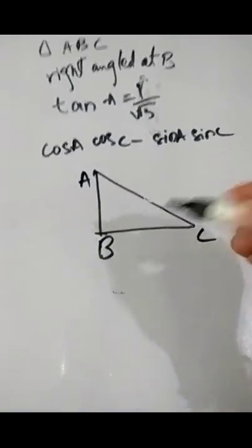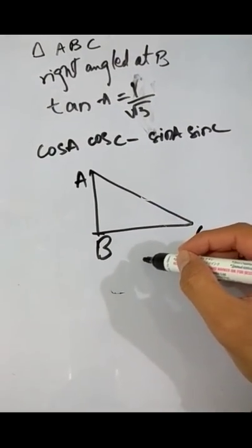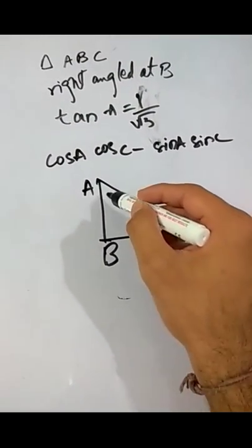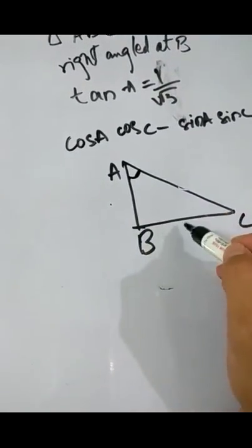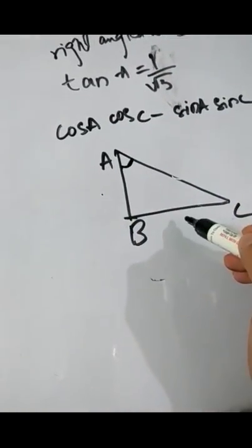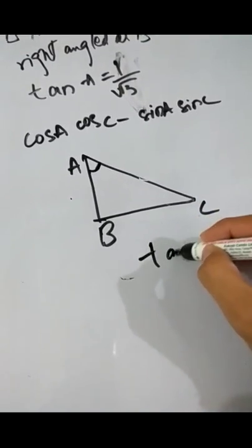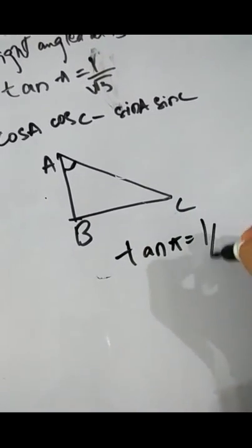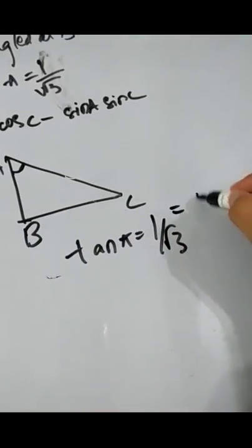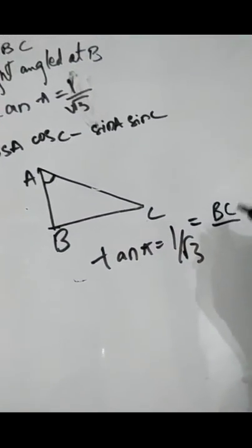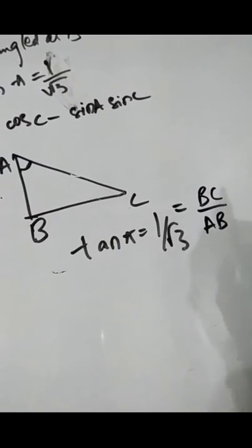Now here, of course, tan A. Here's the angle. For angle A, this is the base, and this is the perpendicular. Tan A equals 1 by root 3 equals perpendicular upon base, BC by AB.